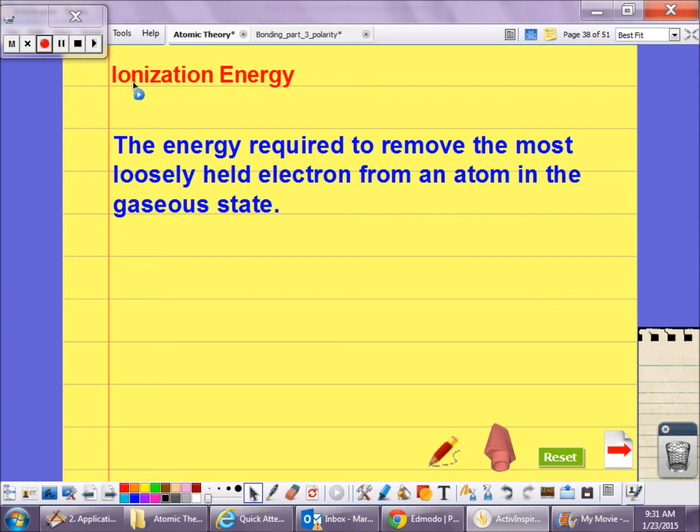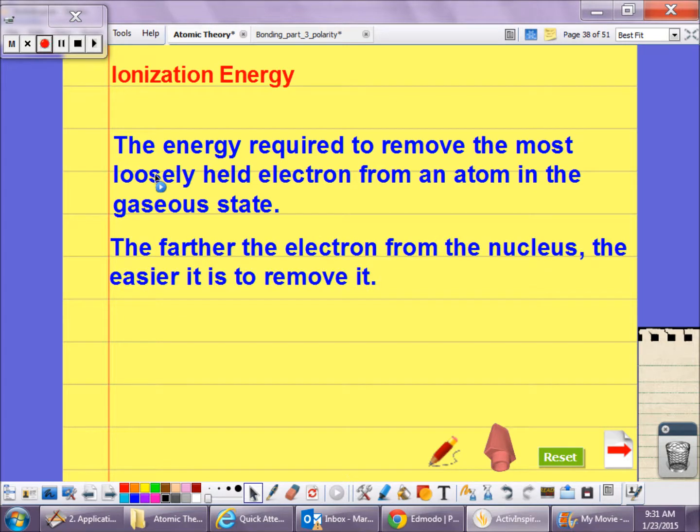You already removed the first one, you have a cation. Now you are removing an electron from that cation. And I will tell you that the second ionization energy is always greater than the first one. The third one will be greater than the second one, because you are removing it from a cation.